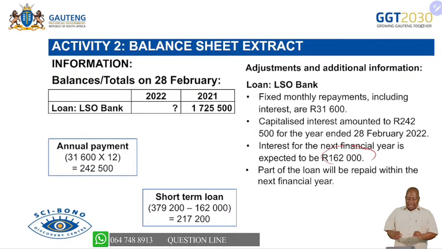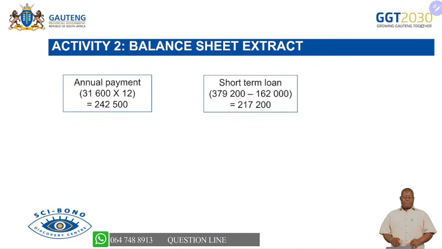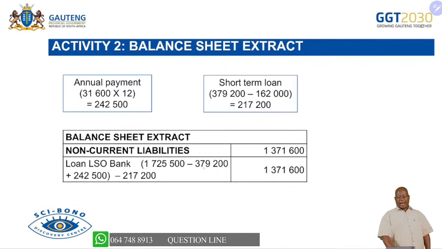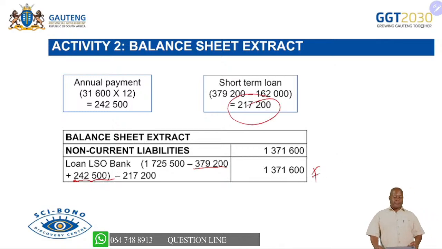And then when this is said and done, we are now in a position to find how much is going to be recorded. So we start with the balance at start, minus the repayments, plus the interest. And then we subtract the short-term loan. And then that's where we are. Done. Dusted. Very important: when it comes to the loan balance, what do we say?